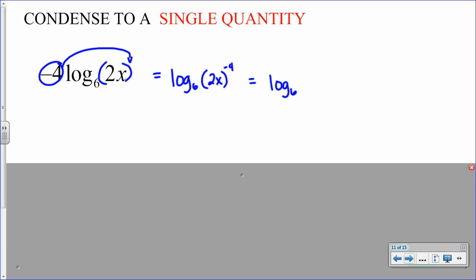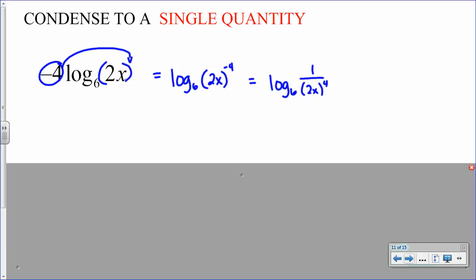Yes, so 1 over. It means fourth root would be 1/4. Yeah. So this is 1 over 2x to the 4th.